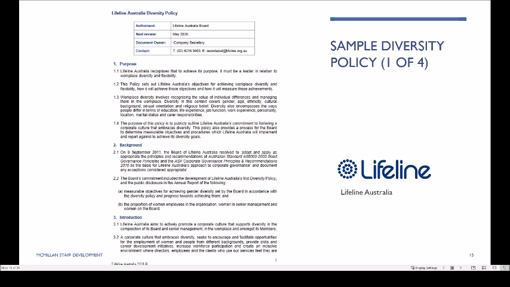So a good policy should really have some of the key headings on it, or the key points around the policy. And in this case, it's going to start off with a purpose and a background. It'll look at things like its application and its objectives or commitment and how it gets implemented. And it will also look at things such as the different roles within that.